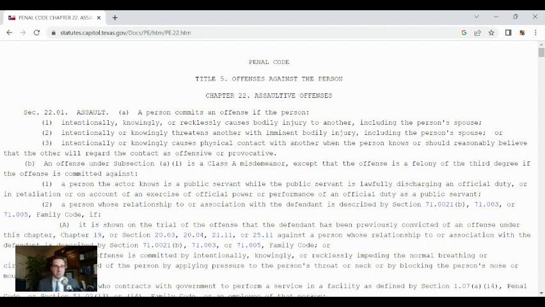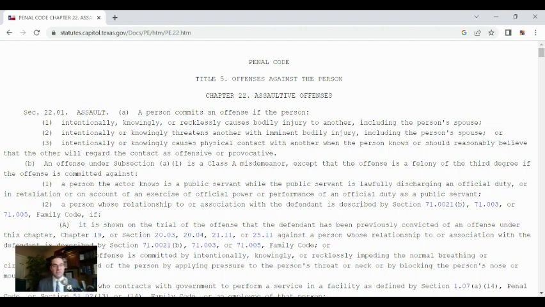So the next section here is Part B. It says an offense under this subsection A1 is a Class A misdemeanor, except that it's a felony of the third degree if the offense is committed against a person the actor knows is a public servant while the public servant is lawfully discharging an official duty, or in retaliation or on account of the exercise of official power or performance of an official duty as a public servant.